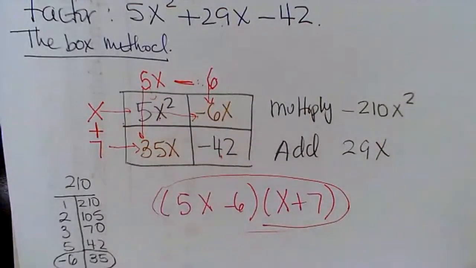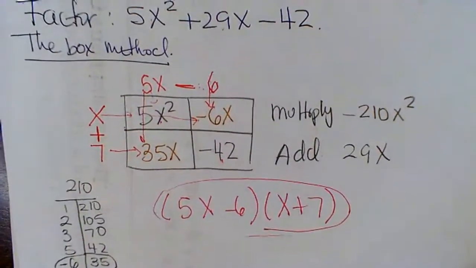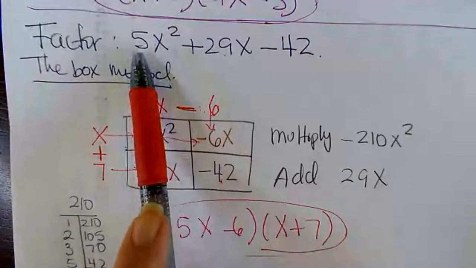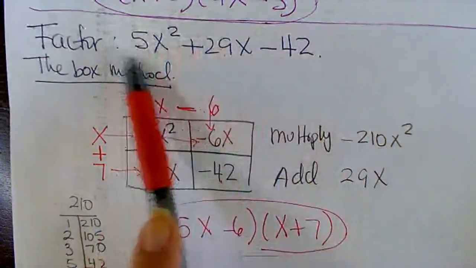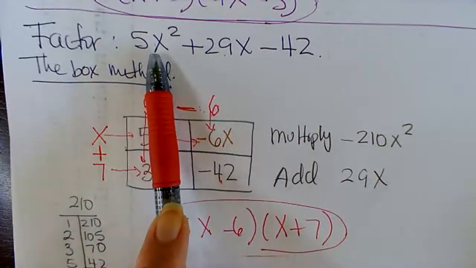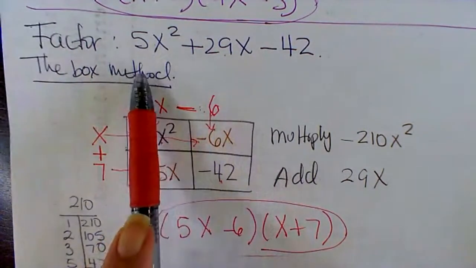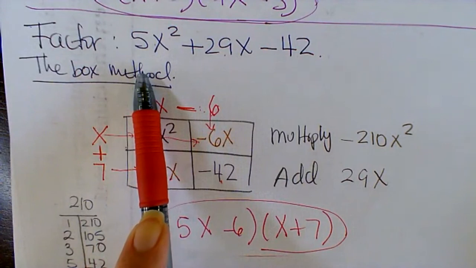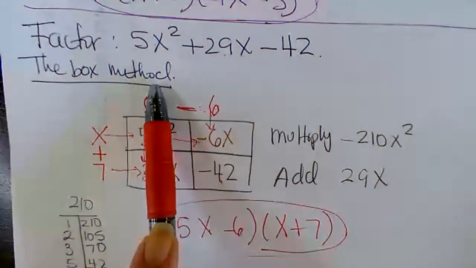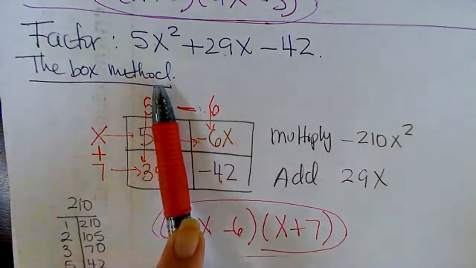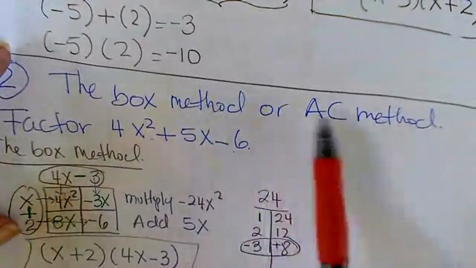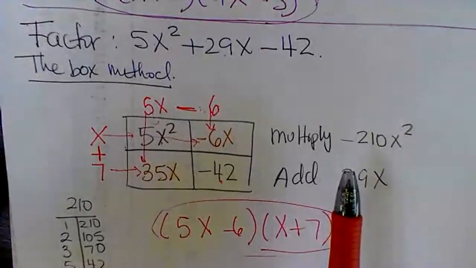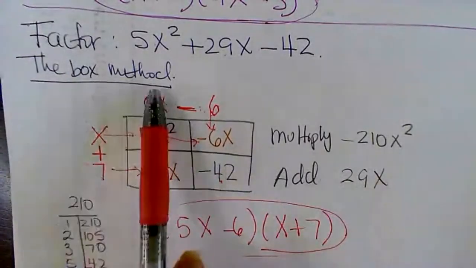Second, if we don't have a 1 there and we have just like this one, that you have a coefficient of 5 and you cannot factor it out, then you're going to use the box method. Either the box or the AC. This is called AC, box or AC method. Either one you're going to use. Again, I like the box.